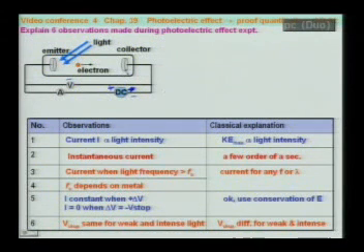There's a time where our current I will be 0. At that particular juncture, this V will measure something that we call V stopping potential. When there's no current flowing, but there's light hitting on this emitter, but no current being registered, this V is called V stopping potential.